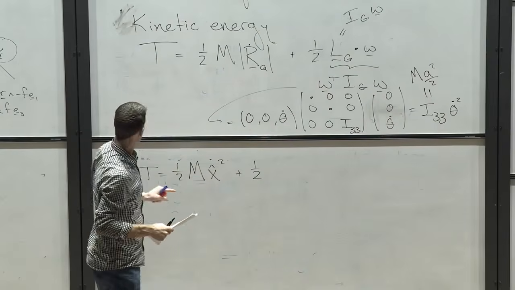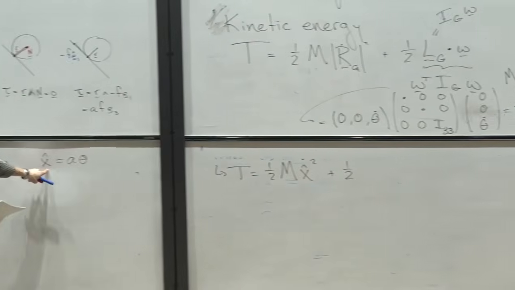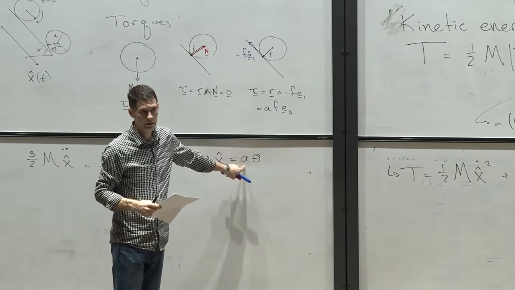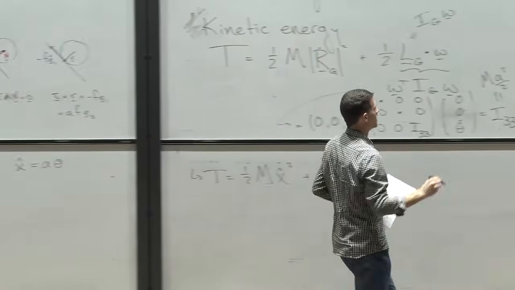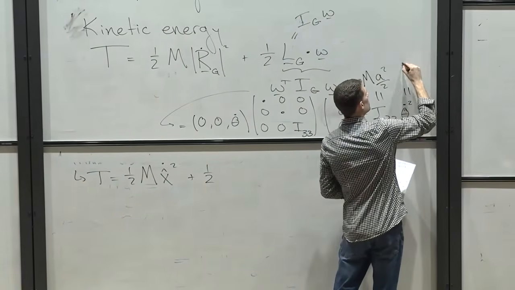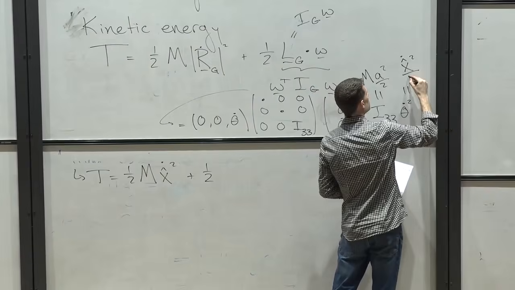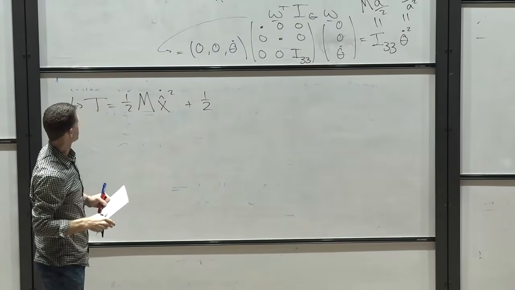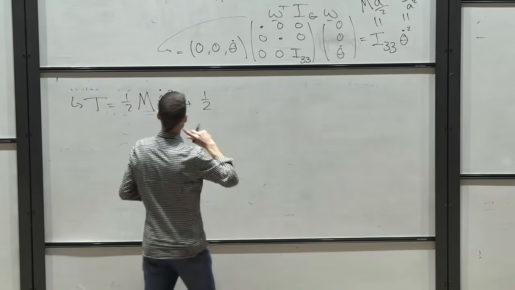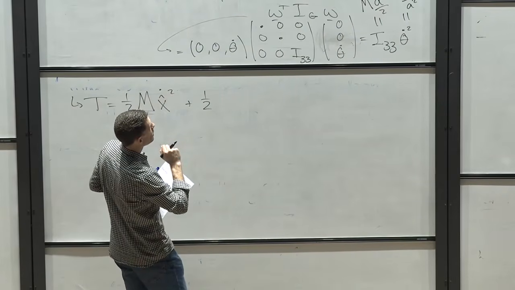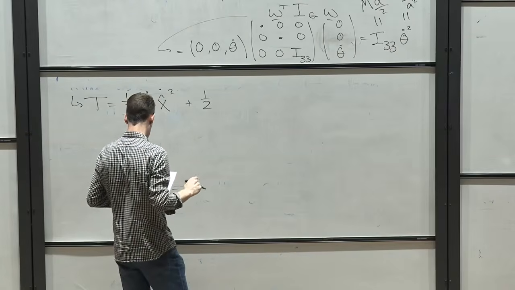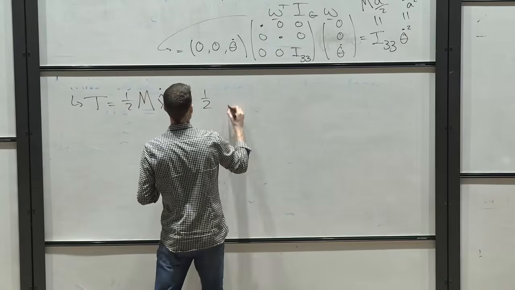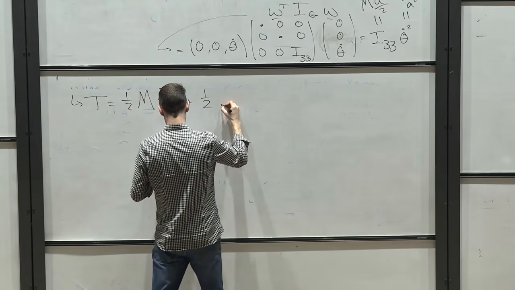But we also have theta dot squared is x hat dot squared over a squared from this. Let's put that here. Okay, so I have 1/2 m x hat dot squared plus another 1/2 I3.